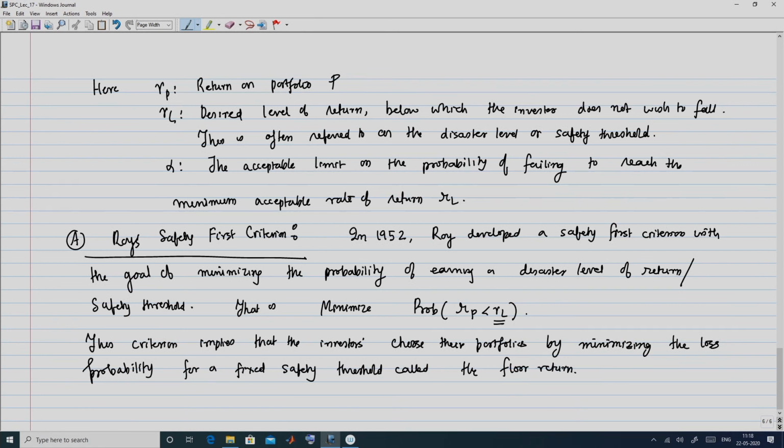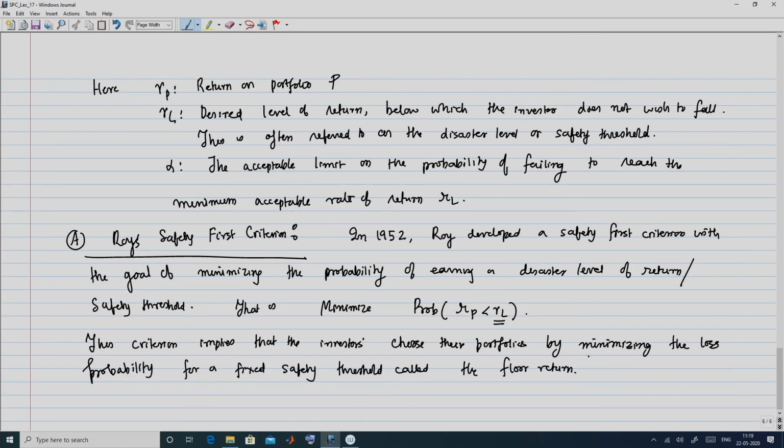This is called the floor return because this is the bare minimum return that the investor wants to achieve, and anything below this is not acceptable to the investor. So, accordingly, Roy's criterion attempts to control risk for a fixed return.